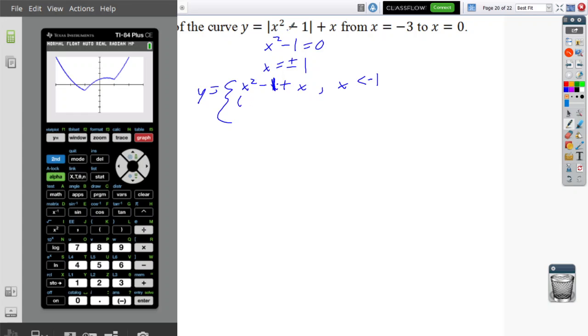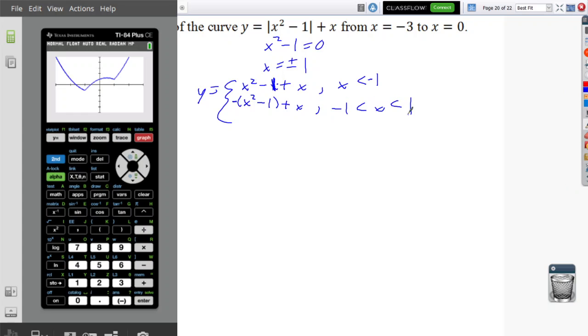If I get a negative inside here, I would have to make the quantity opposite. Negatives occur in here when I use some number between -1 and +1: -1 less than x less than +1. And then beyond, I will have x squared minus 1 plus x for x greater than 1. But I really don't care about that beyond 1 because here I'm only going from -3 to 0.